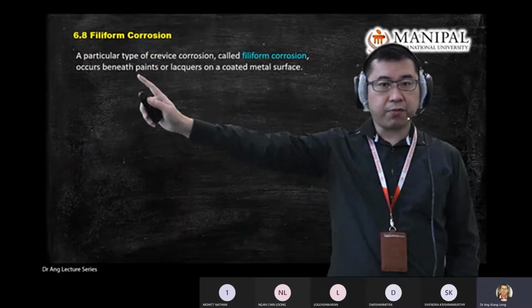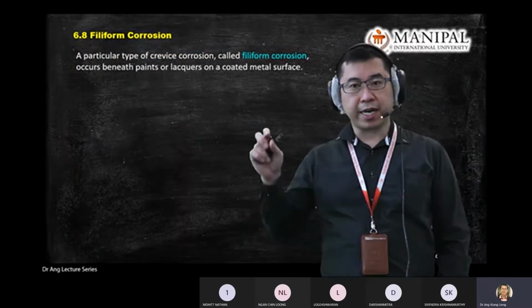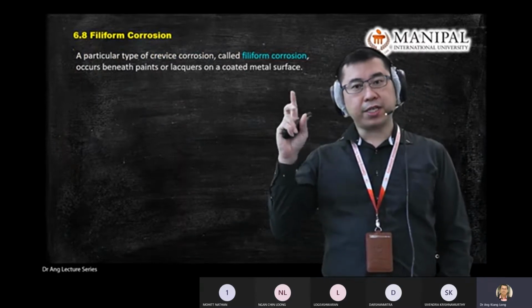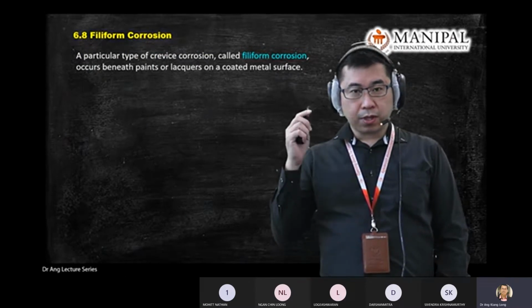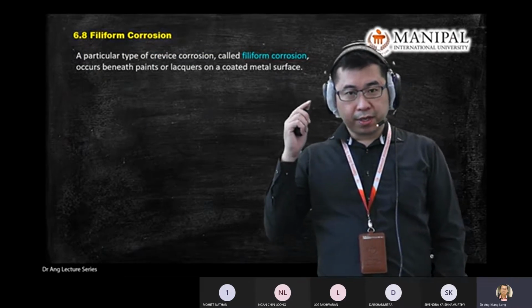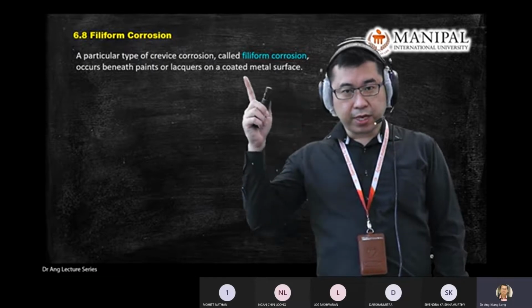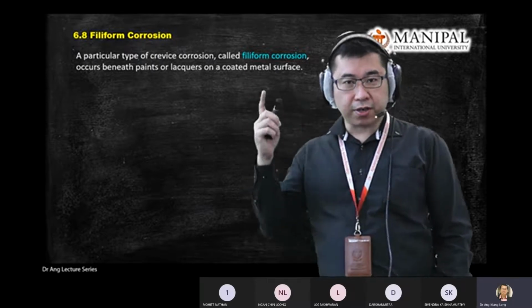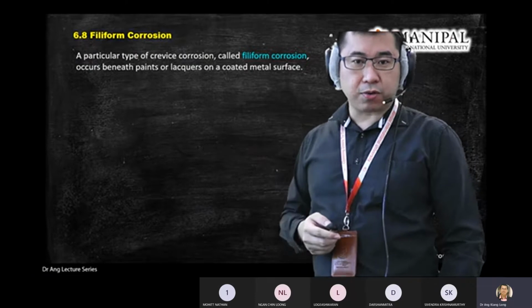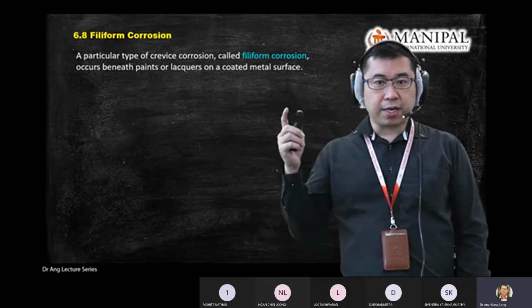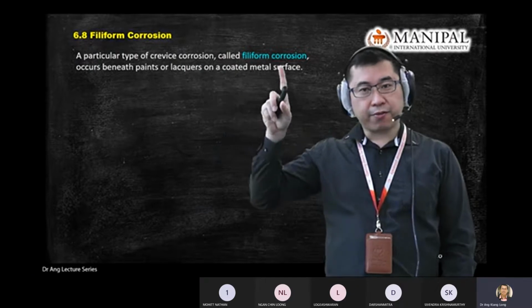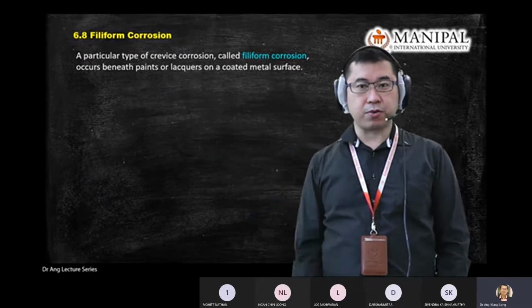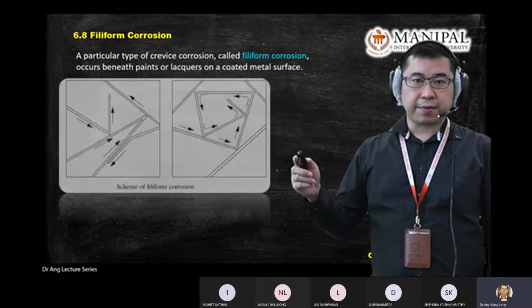So you are familiar with filiform corrosion previously, and in fact we spent one chapter to explain filiform. So for crevice corrosion, filiform falls under crevice corrosion, right?